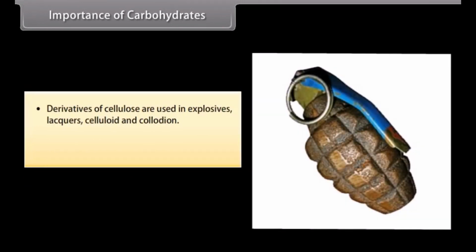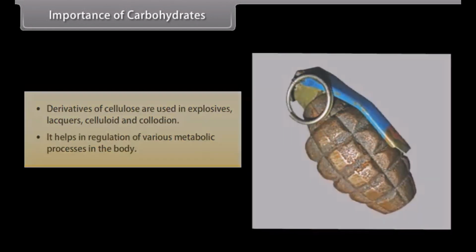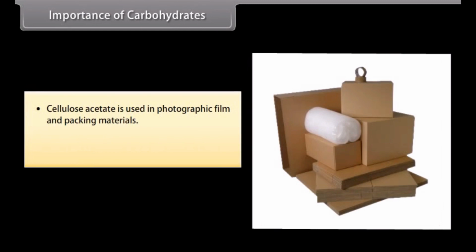Derivatives of cellulose are used in explosives, lacquers, celluloid, and collodion. They help in regulation of various metabolic processes in the body. Cellulose acetate is used in photographic film and packing materials. They are present in the storage form of food in plants as starch.